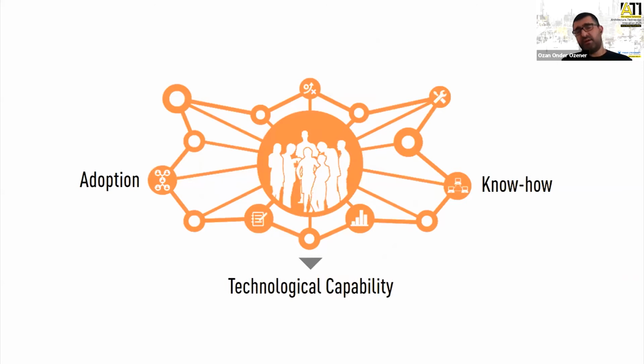So when you adopt technology, when you use a piece of technology, it's not simply getting the tool and learning how to use it. Actually, looking at this slide, there's this human part of it in the very heart of the concept. When you adopt that particular piece of technology, you develop a kind of know-how which leads to technological capability.